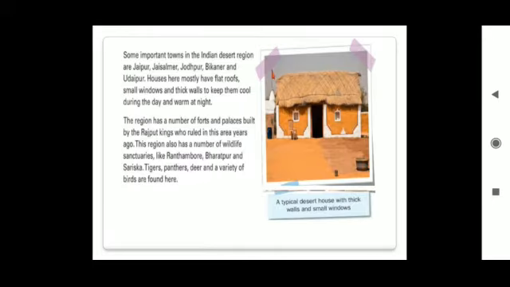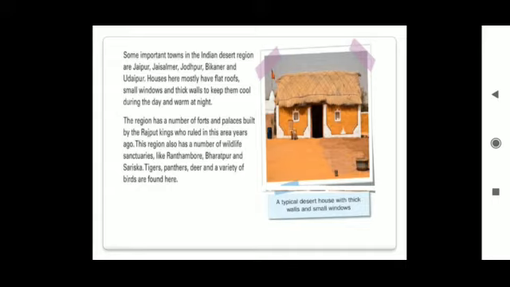Now, some important towns in the Indian desert region are Jaipur, Jaisalmer, Jodhpur, Bikaner, and Udaipur. These are the important towns. Houses here mostly have flat roofs, small windows, and thick walls. Why thick walls?